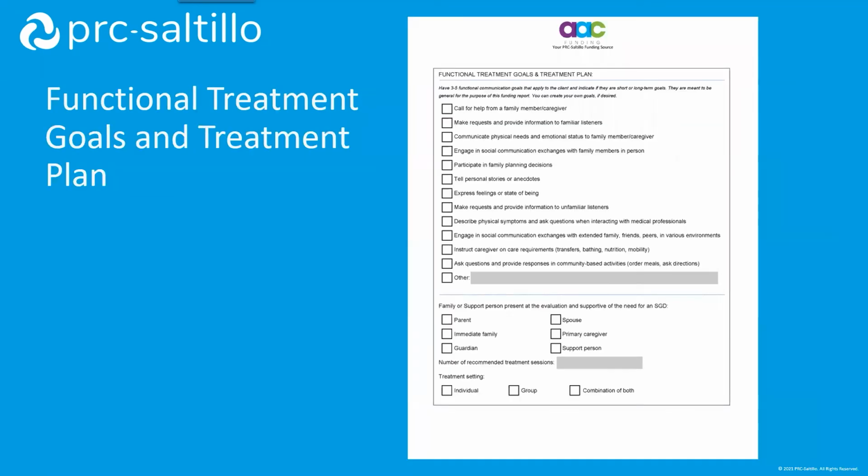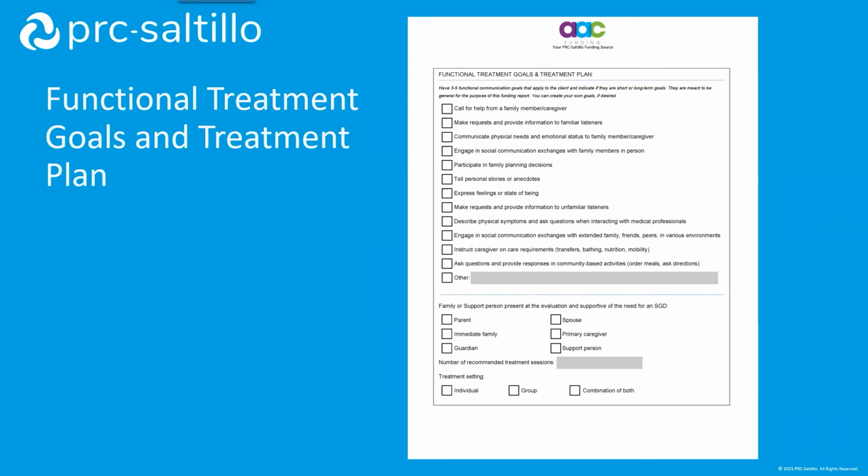Yeah, absolutely. And so this is what it looks like, where you pick those goals. And as Heather was saying, you don't have to rewrite the wheel and put in all of your goals, but if you wanted to add some of those other overlapping goals in that other box, you are welcome to do that.